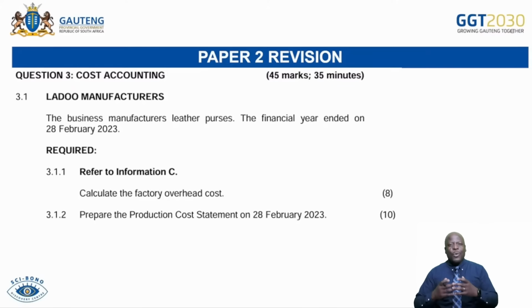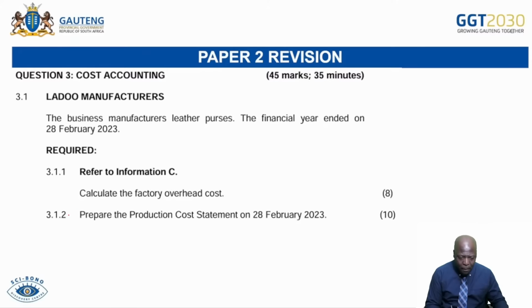As you are preparing for your paper, it is very crucial that you know your timelines, that is your financial period. When does the financial year begin and when does it end? That will allow you to do certain calculations and adjustments as well.